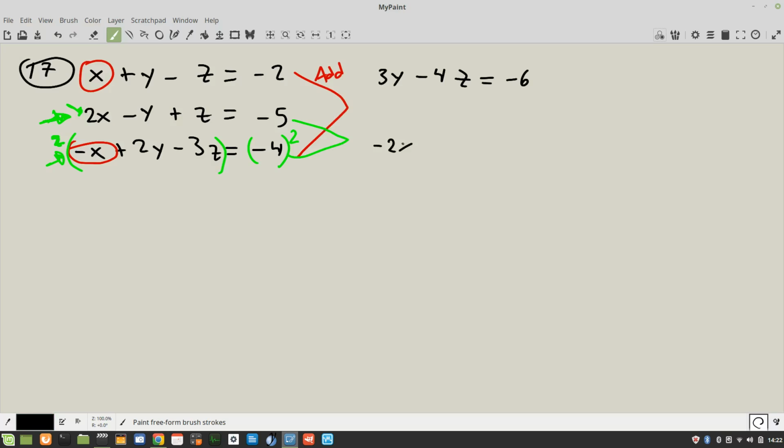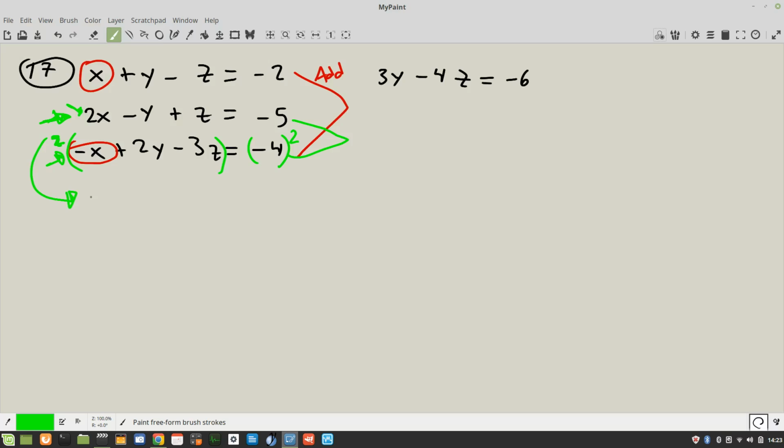negative 2x, and then plus 4y. Wait. Let me do it down here first, because we're not combining them yet. So the result is gonna go here.